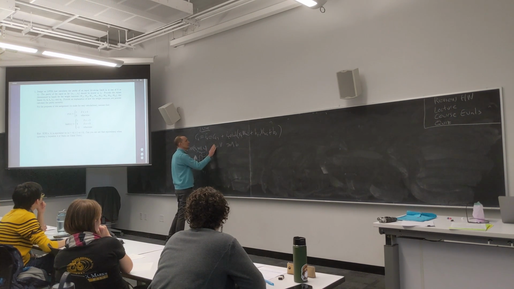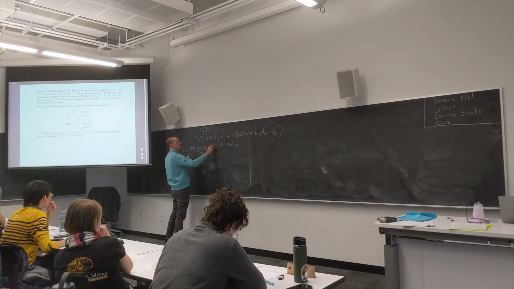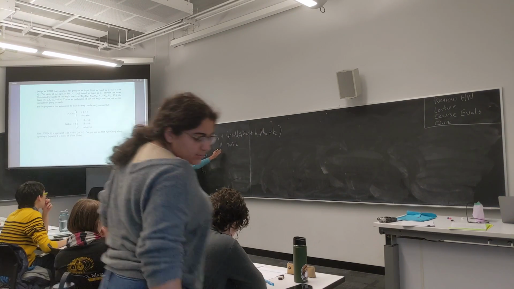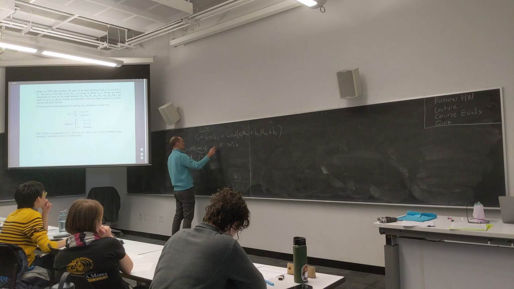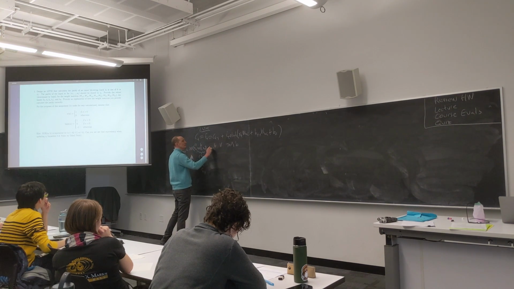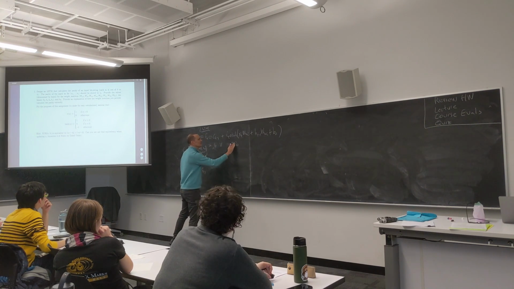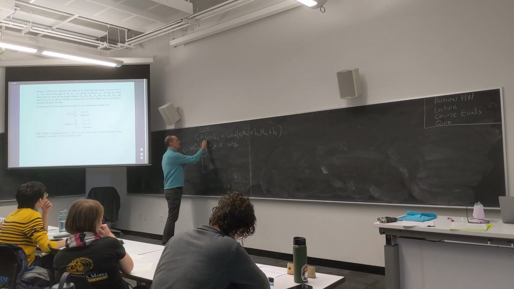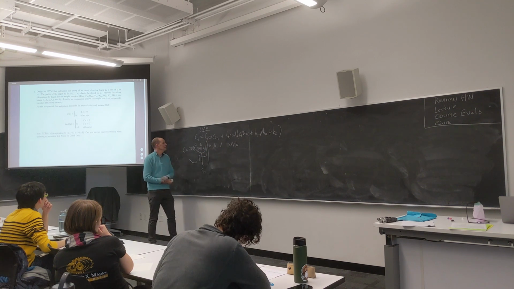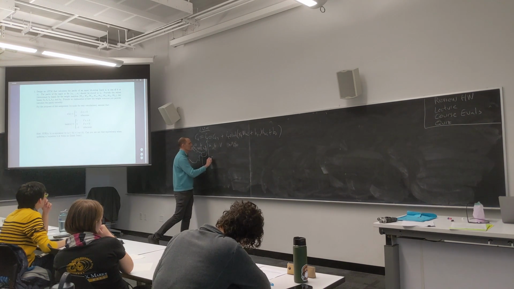So let's call this B, and here is A. So we want this to be, this is A, and this is B. This is going to be B and not A. So this has got to be A and not B. So how can we make f sub t B not A?